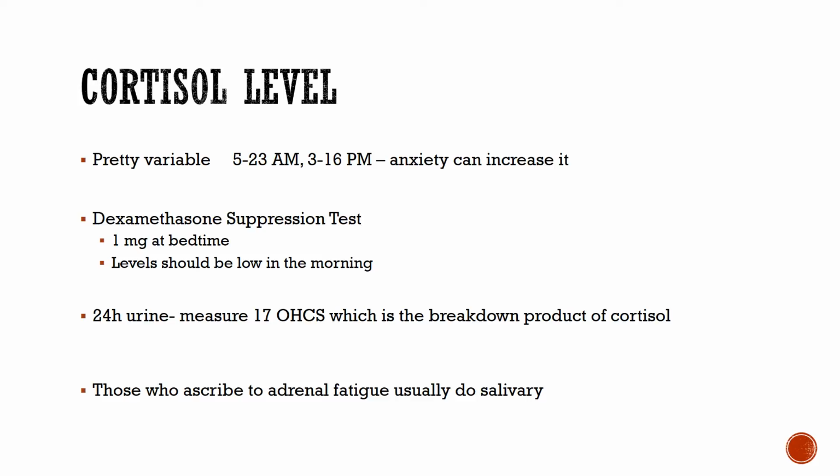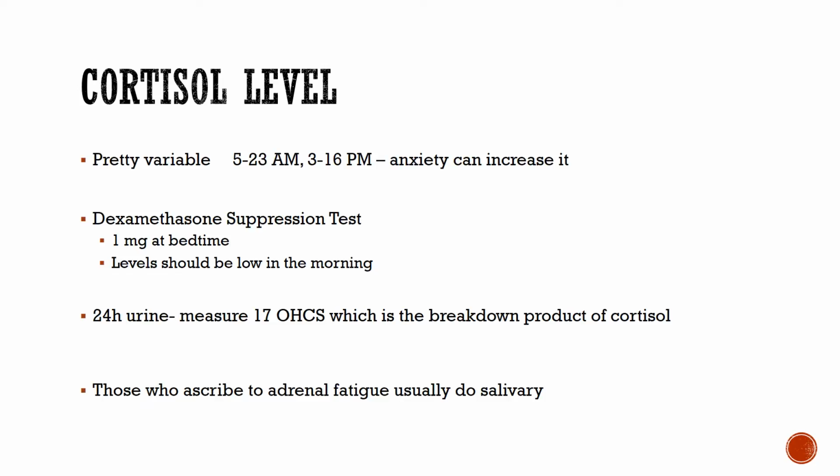So cortisol levels are something that are awfully tempting to do when you have somebody who seems to have either a Cushingoid or sometimes even an underactive cortisol level appearance.